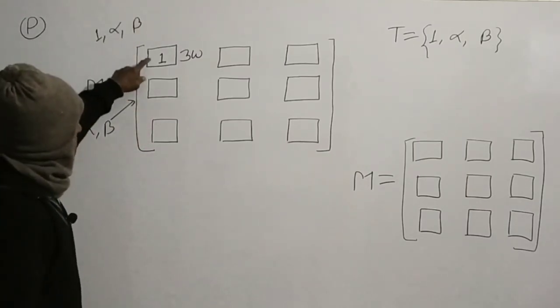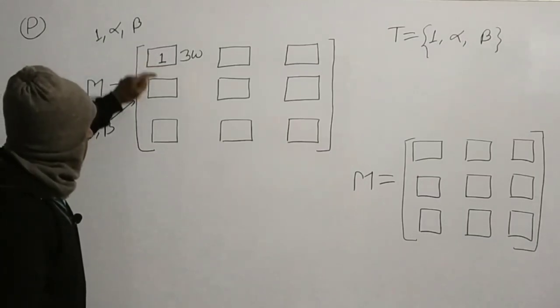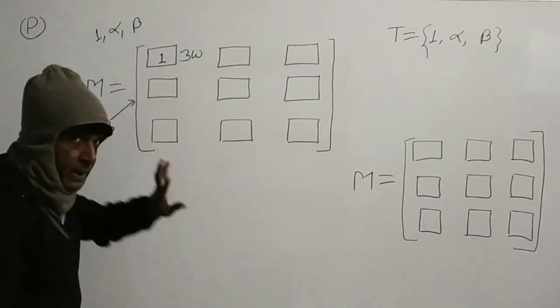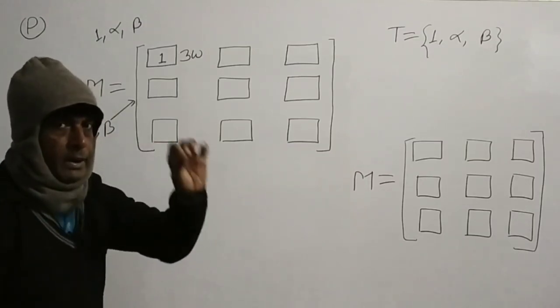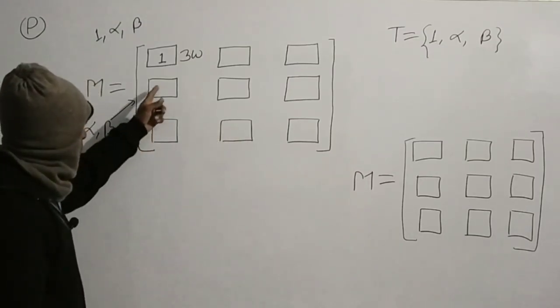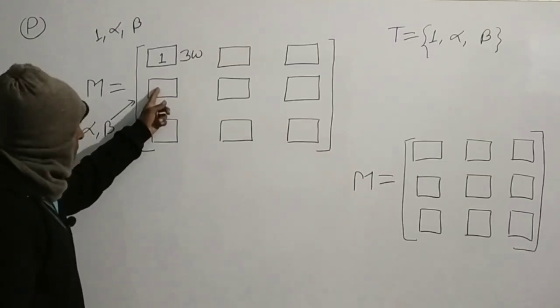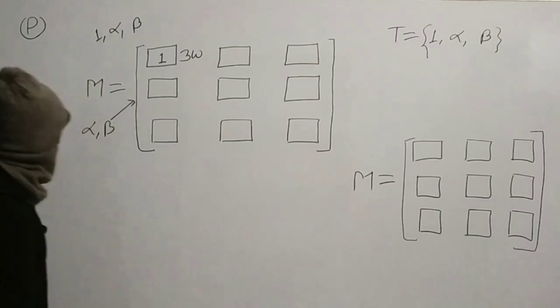Since we have filled this place by 1, if we fill this place or this place by 1, then the sum will not be equal to 0. Therefore, we cannot fill this place again by 1 or this place again by 1.